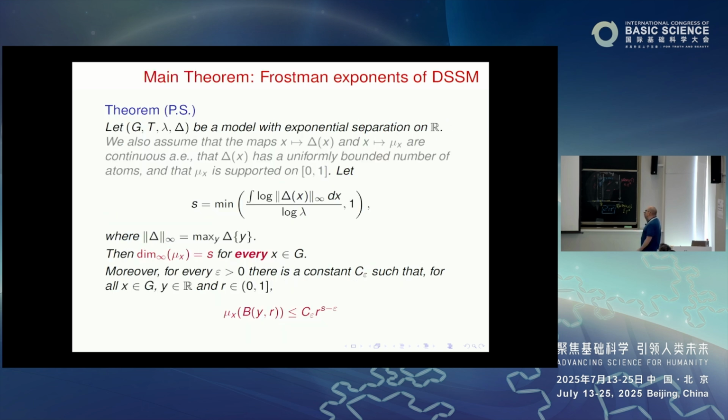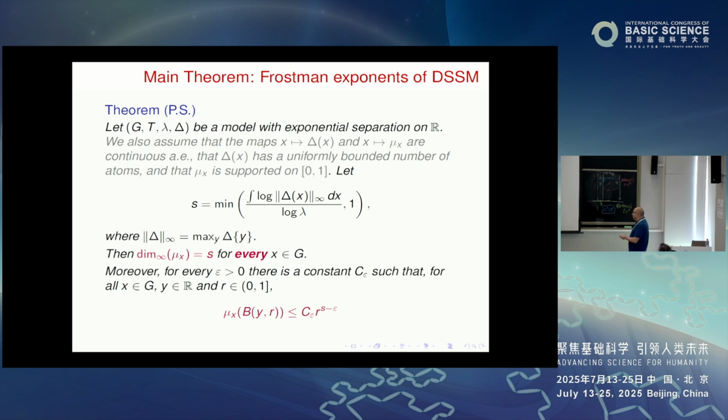Okay, now we can state a theorem, which says that if we have a model as before, and we have some very, very mild technical assumptions that you can ignore, and exponential separation, this is an actual assumption, then the Frostman exponent of every measure generated by this model is what you expect.